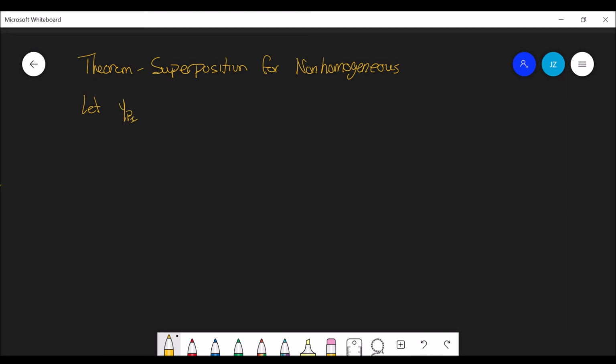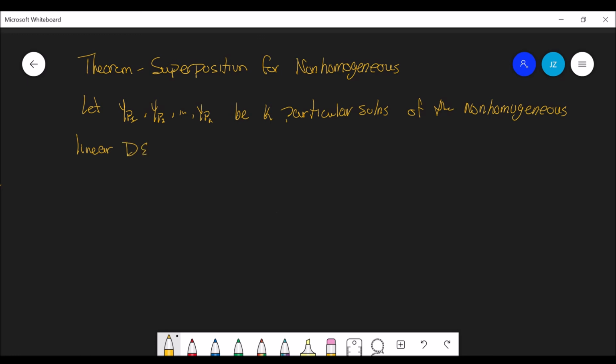So let yp1, yp2, up through ypk be k particular solutions of the non-homogeneous linear differential equation on an interval I.